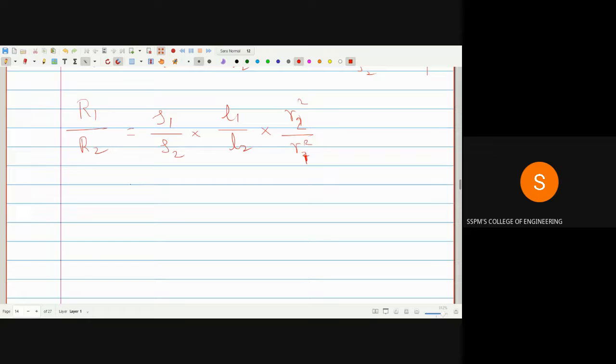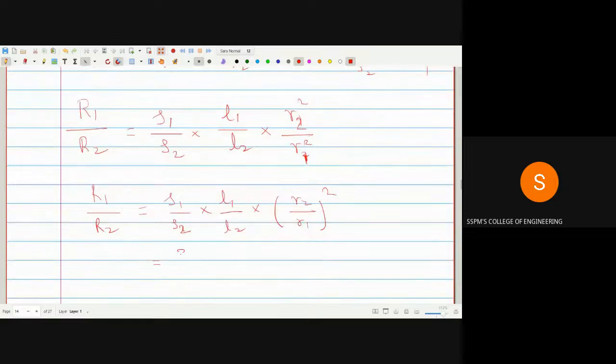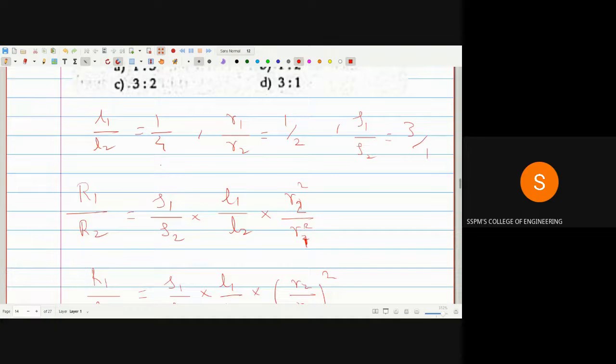Rearranging the terms, R1 by R2 is equal to ρ1 by ρ2 into L1 by L2 into R2 by R1 square. ρ1 by ρ2 is 3 divided by 1. L1 by L2 is 1 by 4.